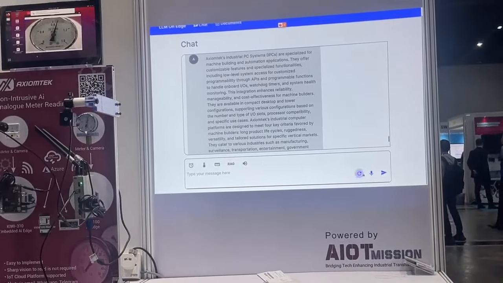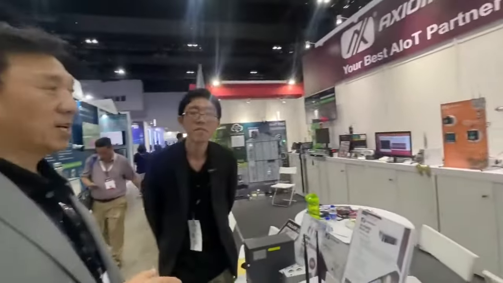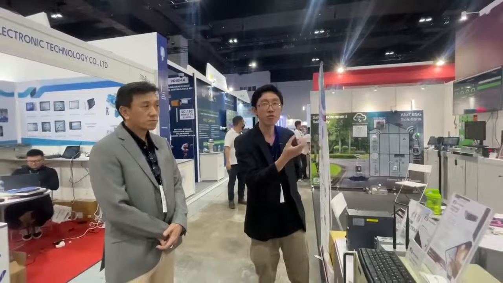Okay, maybe Ken Leong wants to share a little bit more about the current RAG, how RAG is helping in this LLM model that we are building here. Okay, so RAG stands for Retrieval Augmented Generation. What's so special about this RAG is when you upload your own document inside, before the LLM generates the answer, it will go through the RAG to search some related documents based on your input prompt.